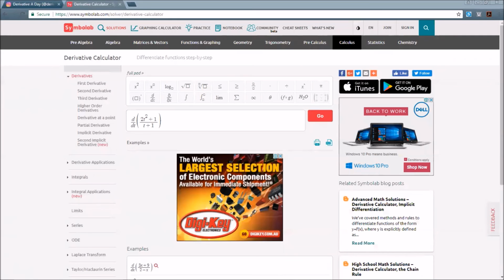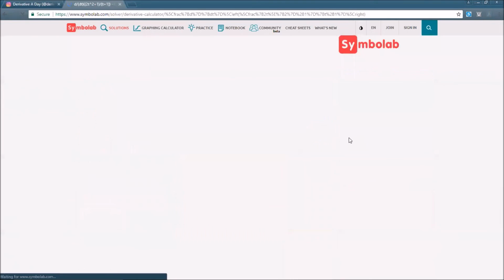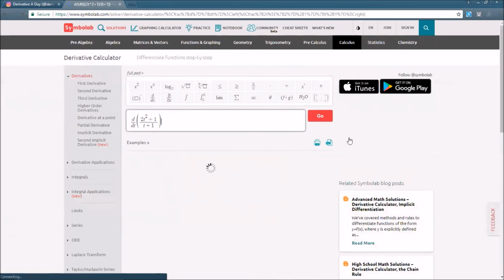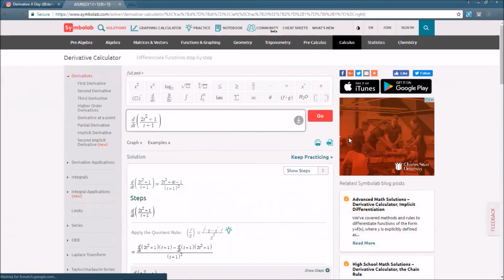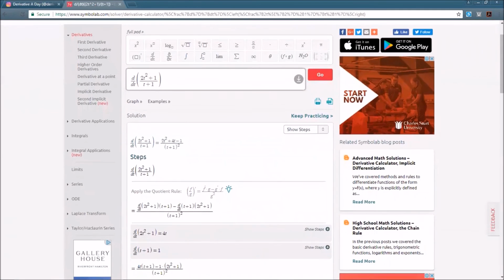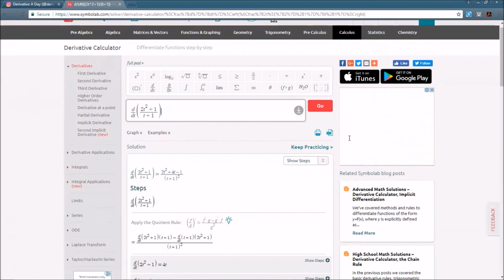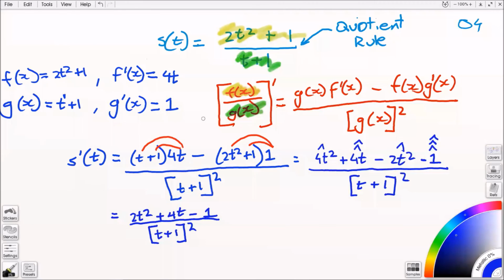So I've typed it in, and here we are, 2t squared plus 4t minus 1 over t plus 1. Okay, and now if I go back, we will see that this is what we got. Awesome.